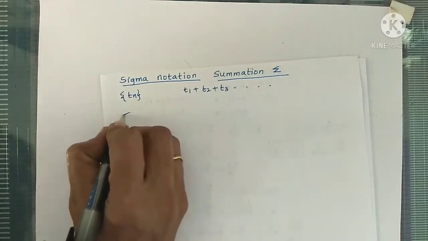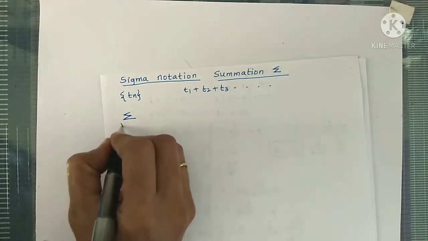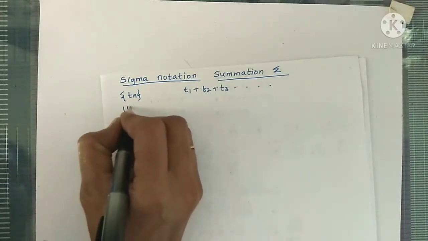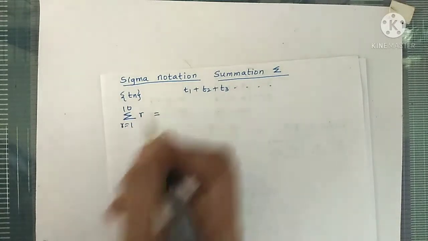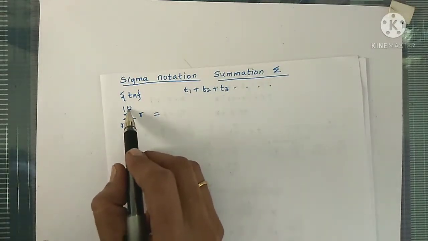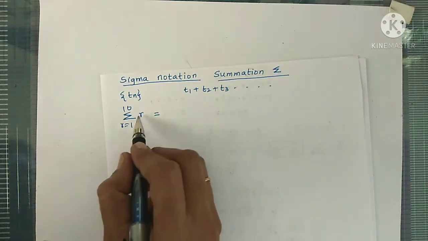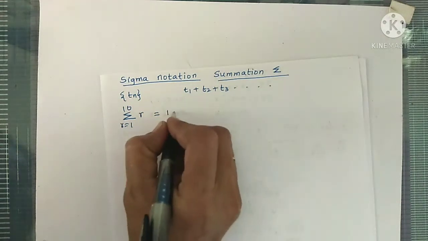If I write like this, say summation, r equal to 1 to 10, r, then I have to start with r equal to 1 and the last value for r is 10. And this is known as the general term, the rth term. Okay. So when we put r equal to 1 here, this becomes 1.